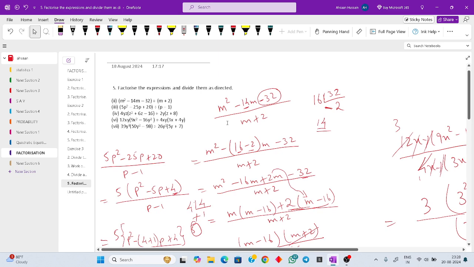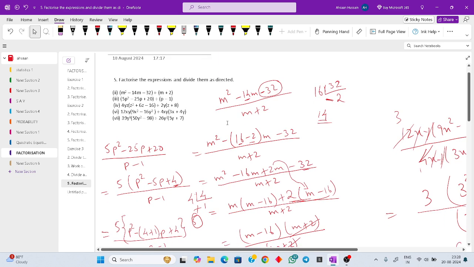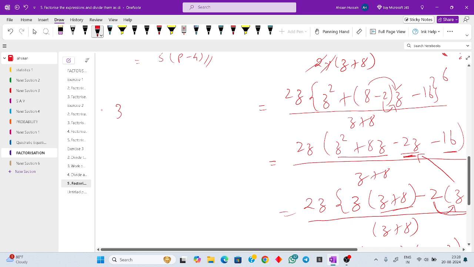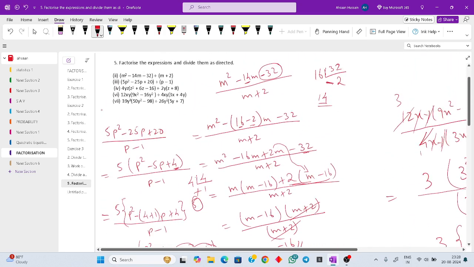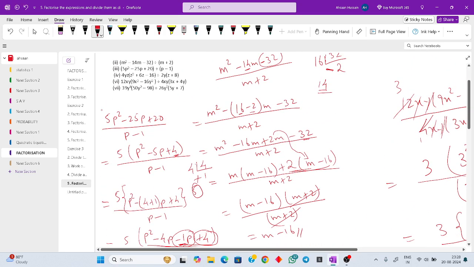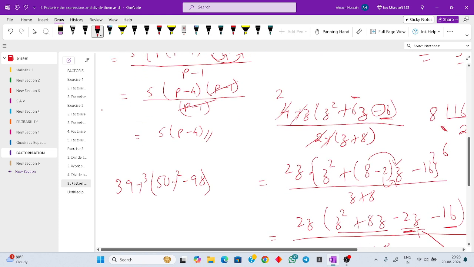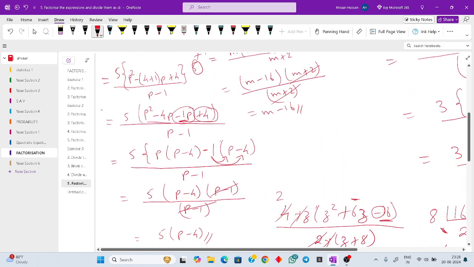Okay, last question is 39y cube(50y square minus 98) divided by 26y square(5y plus 7).